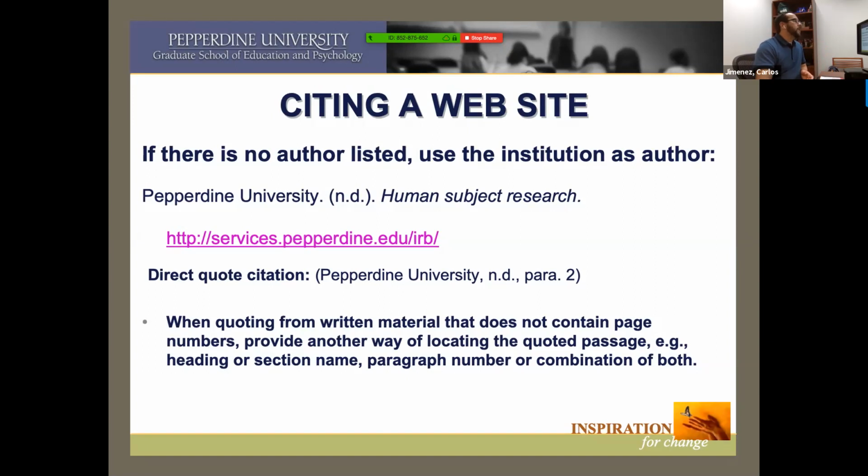There are some options there, and the 7th edition really has more detail on ways that you can cite without page numbers. But generally, you can use this abbreviation para if you can see paragraph numbers, or even if there's no numbers there, if you can clearly see paragraphs that are separated, you can use that.